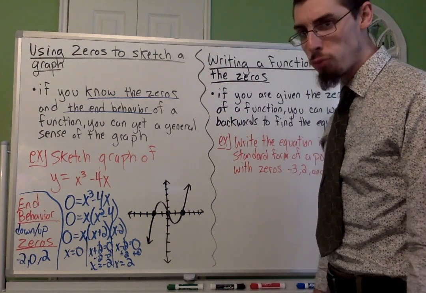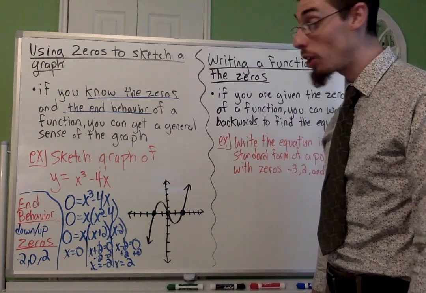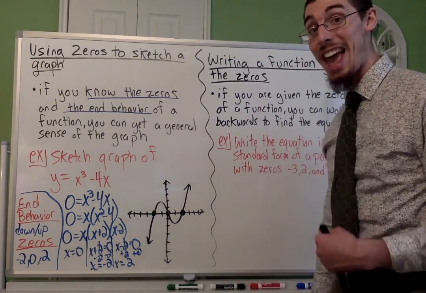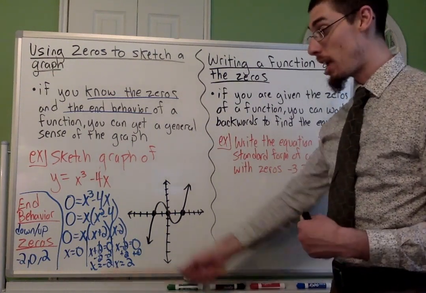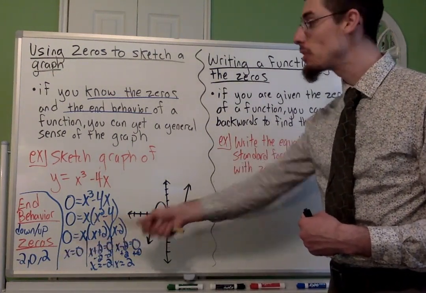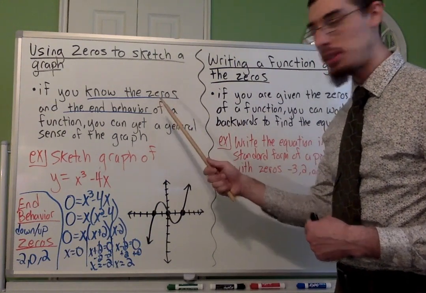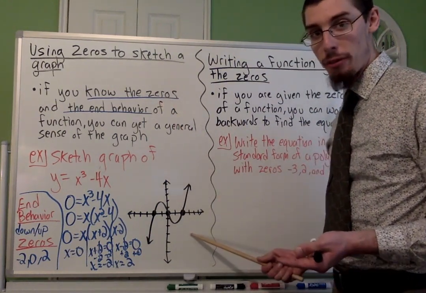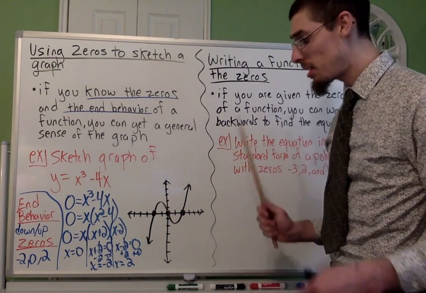Not really that difficult. As long as you remember those rules for end behavior and you know how to find the zeros, if you have these two concepts down, then graphing should actually become pretty easy.